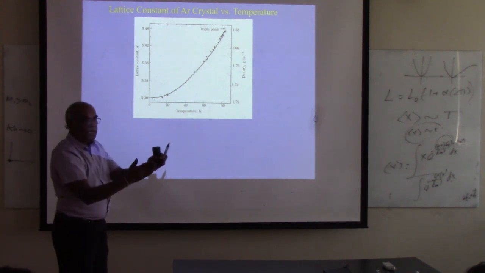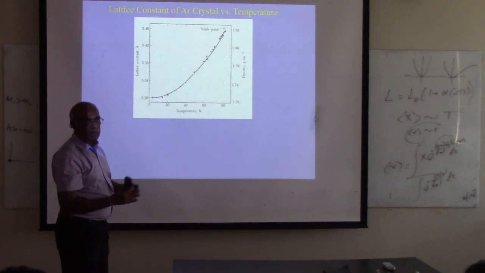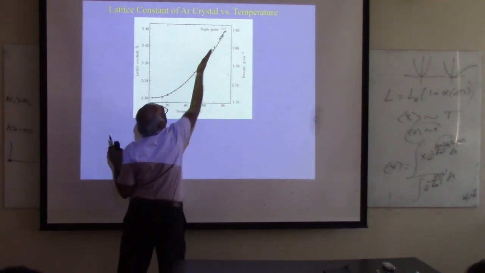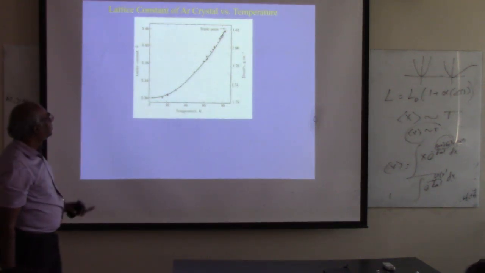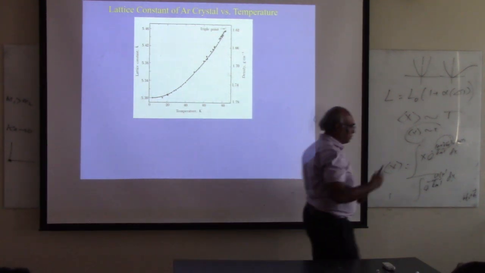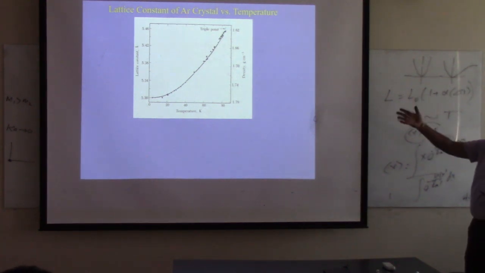The lattice constant is basically expansion, right? If it changes with temperature, that tells you this. So if you measure that, you actually find this part is pretty much a linear temperature dependence. This is real experimental data. And also density, because if the expansion changes, your density is also changing, right?